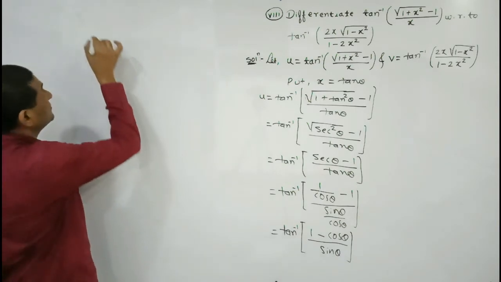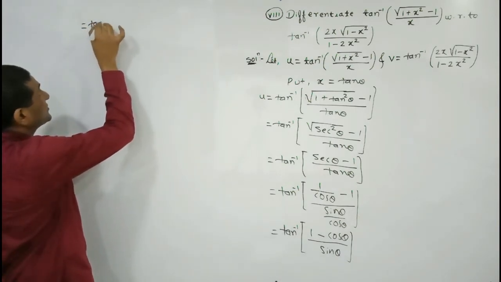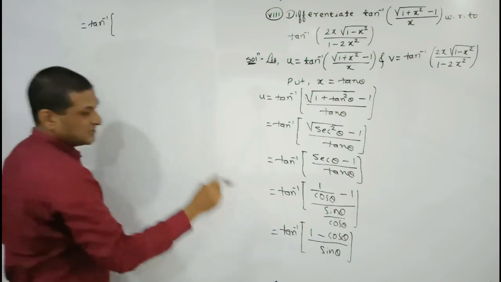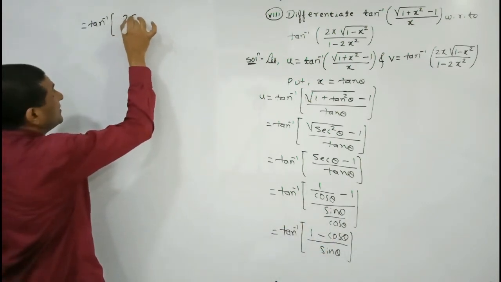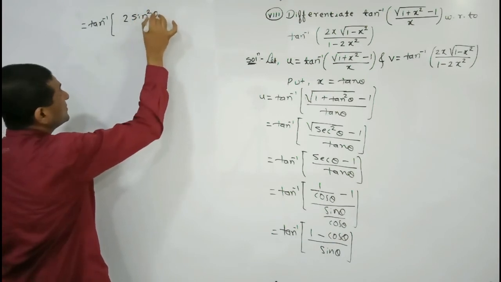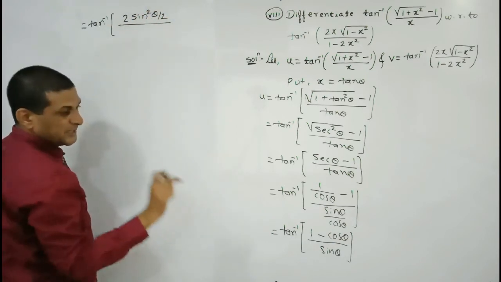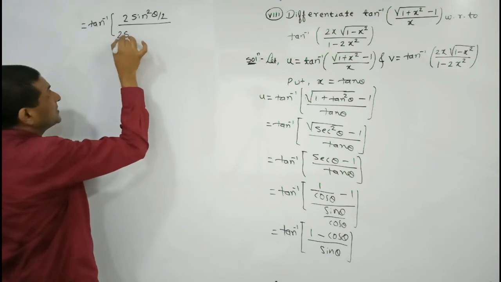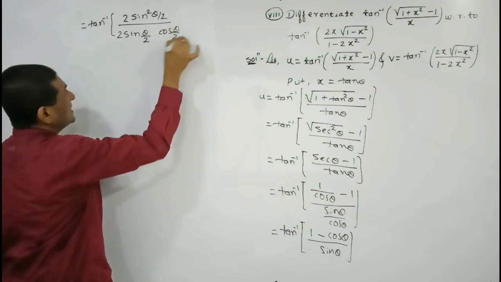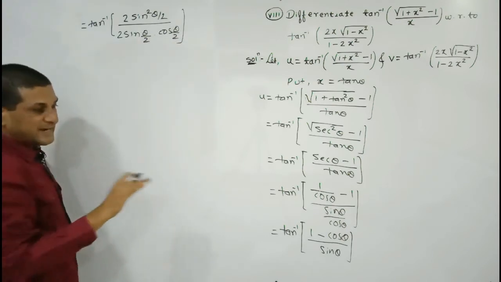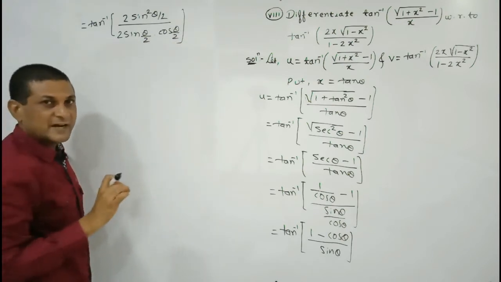So observe here, which is equal to tan inverse of, here 1 minus cos theta, according to the half angle formula, will be equal to 2 sin square theta by 2, and in the denominator sin theta will be equal to 2 sin theta by 2 into cos theta by 2. Just simply we have applied the half angle formula in both numerator and denominator.